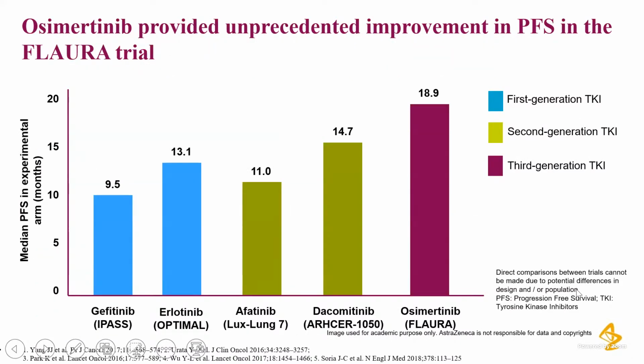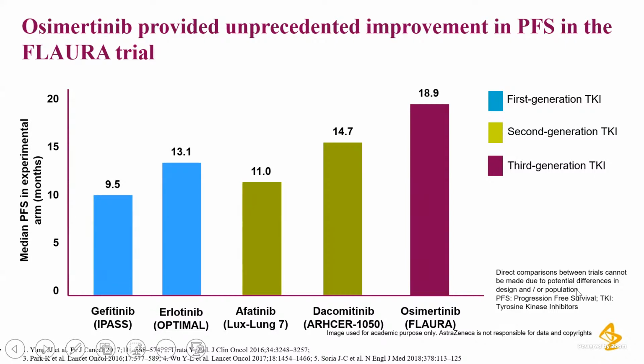If you see the FLAURA trial, osimertinib provided unprecedented improvement in progression-free survival. These are cross-trial and cross-agent comparisons, but we should take the PFS in all the trials: IPASS, gefitinib, OPTIMAL, erlotinib, LUX-Lung 7, afatinib, dacomitinib, and osimertinib.